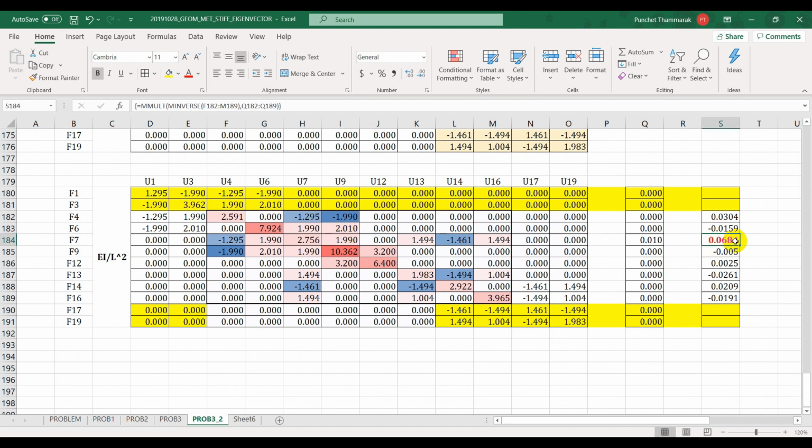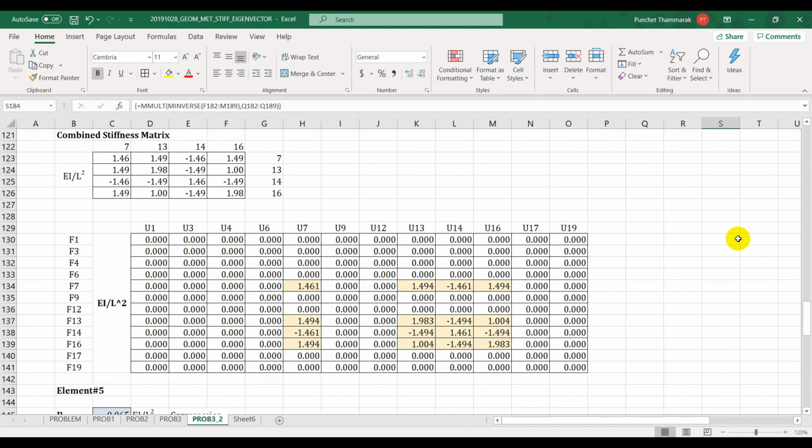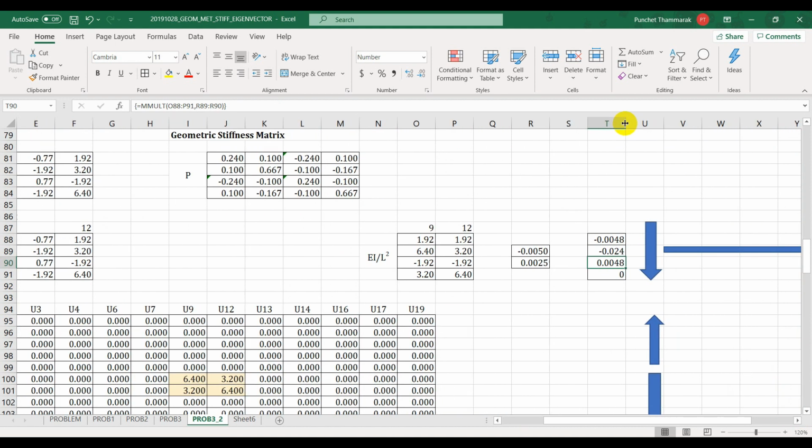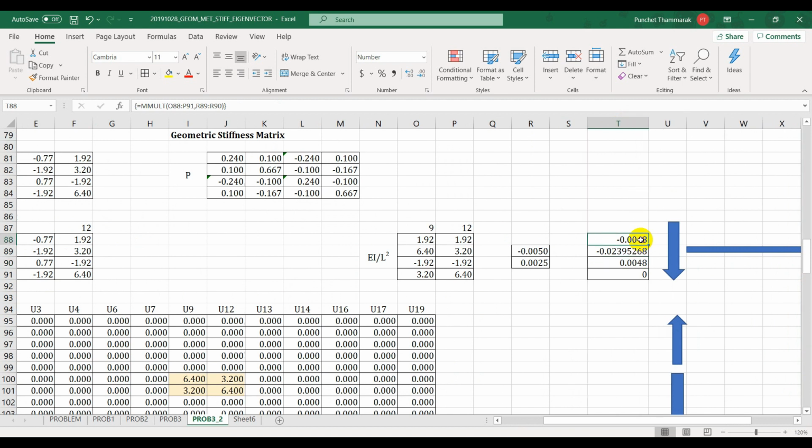It should change just a little bit. We'll come back to this point here. 48 doesn't change. Actually, maybe the latter decimal place might change, but it's just a little bit. So we are pretty happy with this solution.